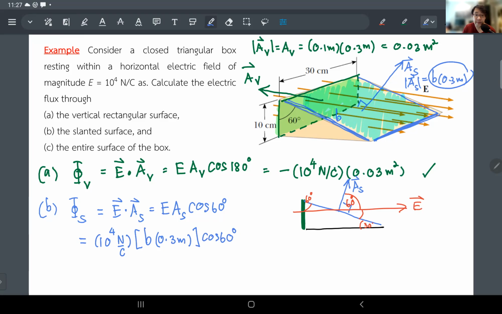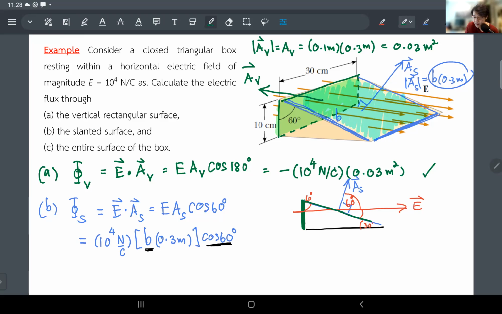We haven't figured out B just yet. But my question is, do we need to figure out B, the length of the hypotenuse there? The answer is no. Do you notice something over here, guys? What is actually B cosine 60? Look one more time. Your B is actually the length of this hypotenuse right there.